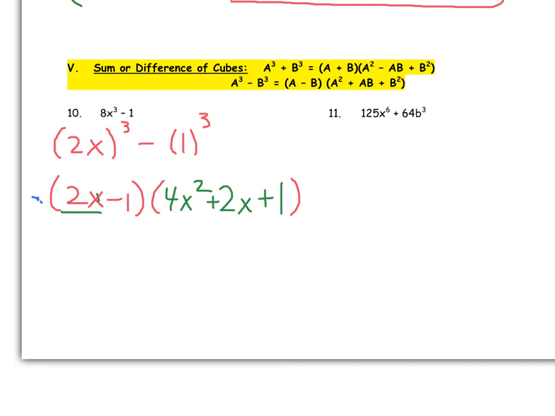Alright, last one. The first thing I do is rewrite my sum of cubes as their cube roots. So the 125 can rewrite as 5x squared cubed. And the second part I can rewrite as 4b to the third power.